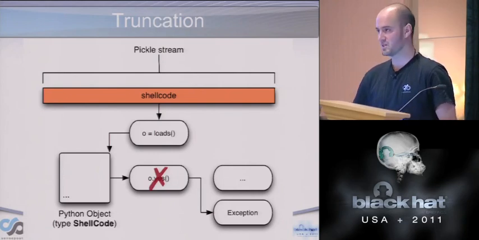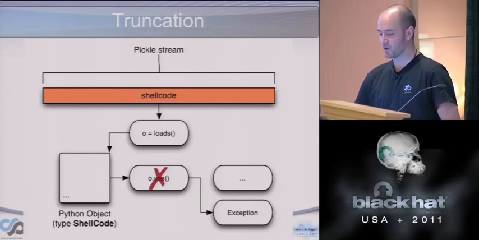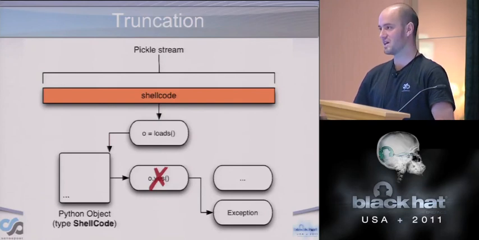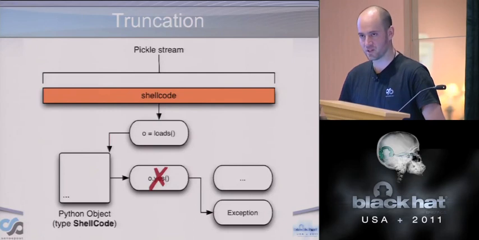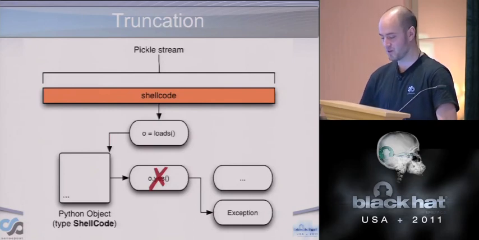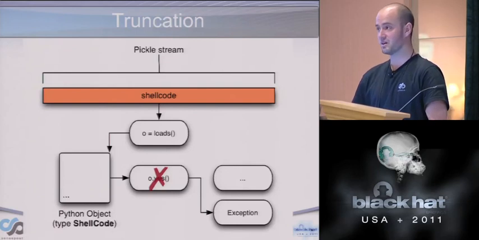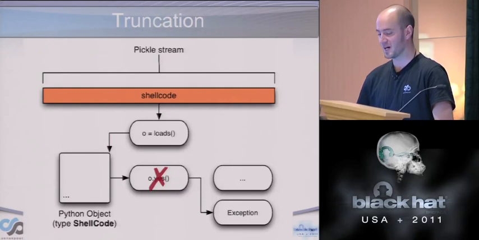Let's say that object is of type shellcode. Later on in the original Python program, when it tries to call o.yes, unless the shellcode class has a yes method, you will get an exception, a no attribute error, and now the program dies. So even though your shellcode executed, the execution of the outer Python program died at a later point.